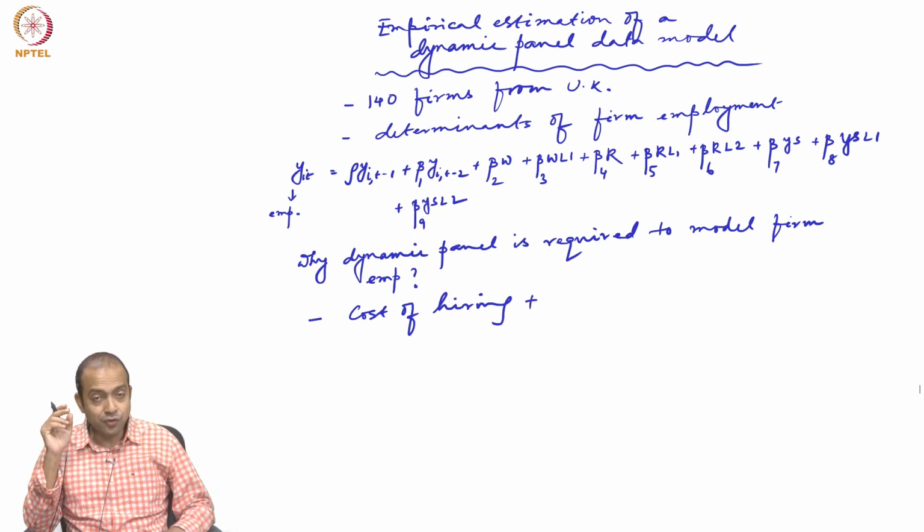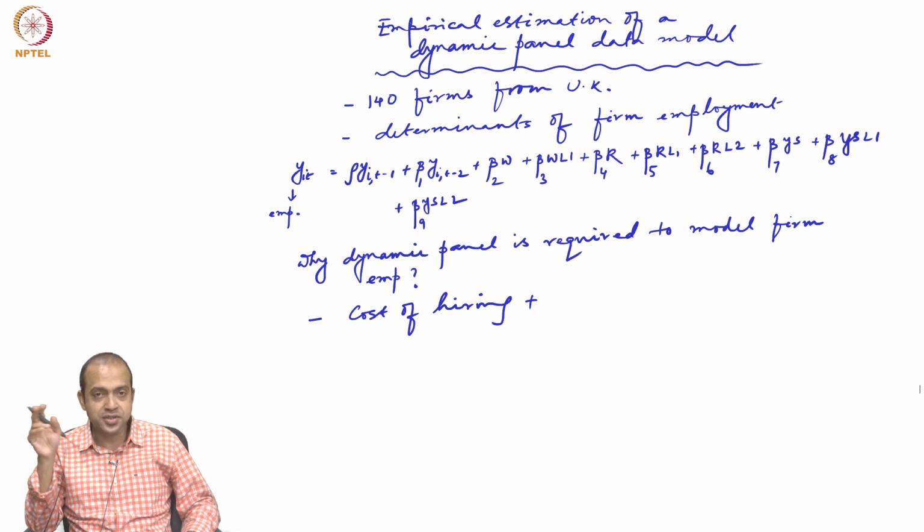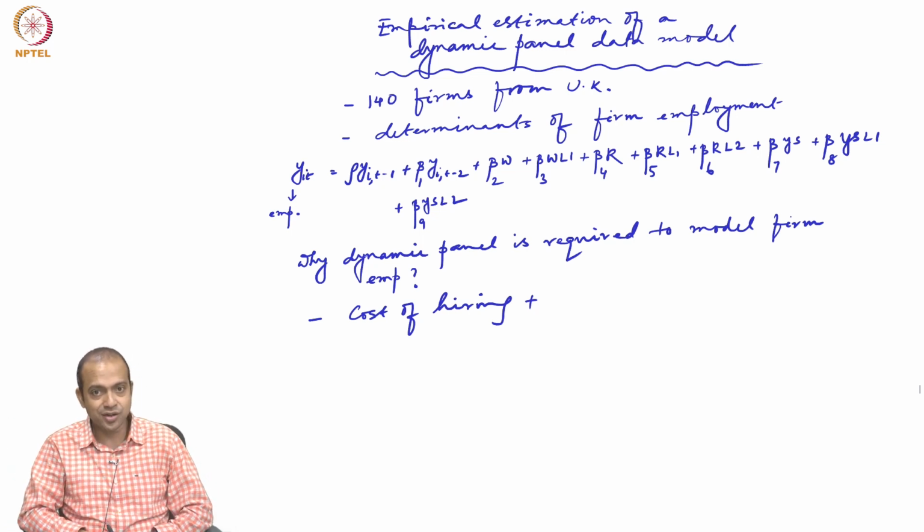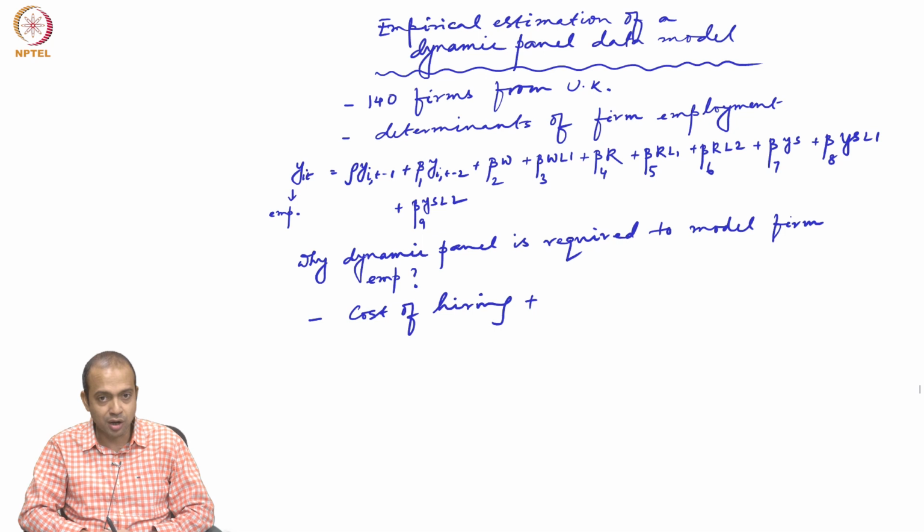Similarly, if the firm wants to fire some of the existing laborers, then also there is a cost involved. What is the cost? Because if you fire some of your existing employees, then what will happen? There would be protest from the labor union. Also, the existing laborers have to work more. You do not know whether they would cope with the extra work burden that is going to be imposed on the remaining laborers.